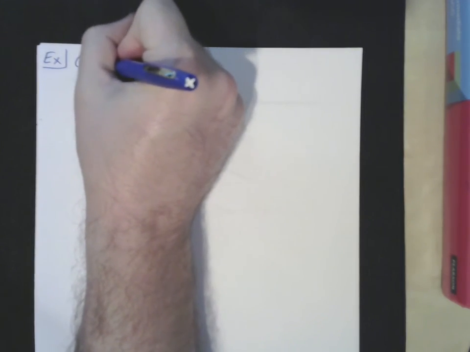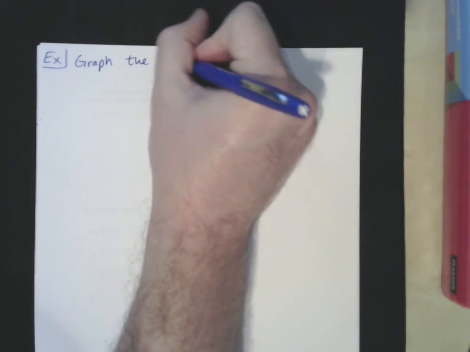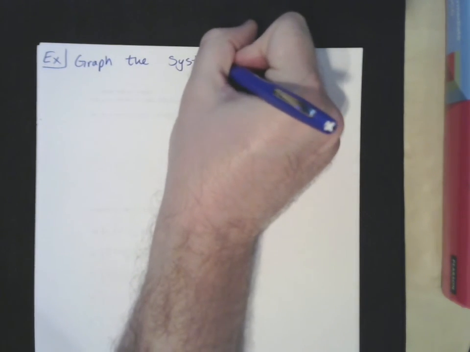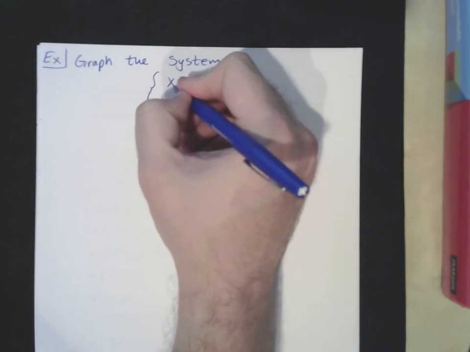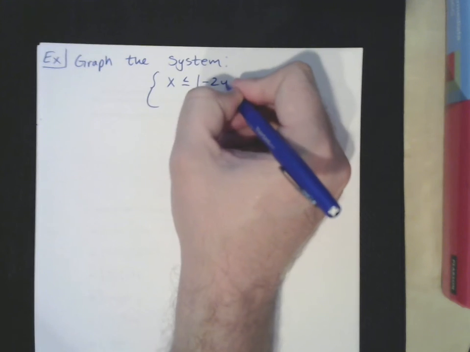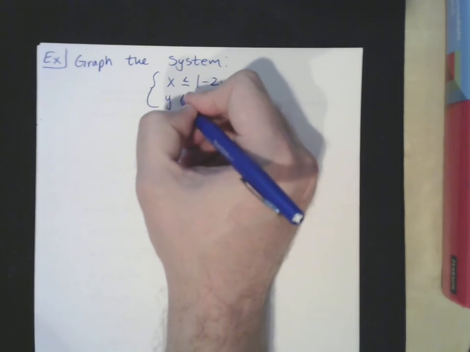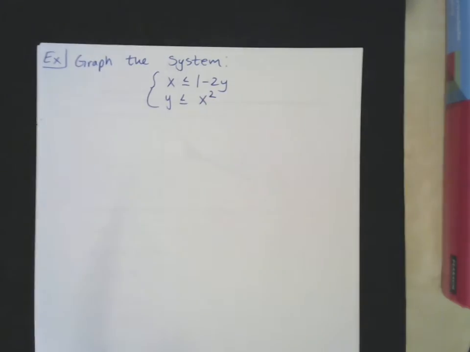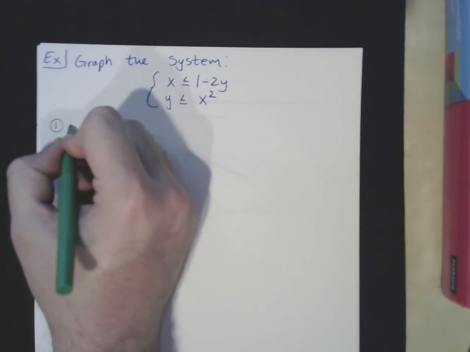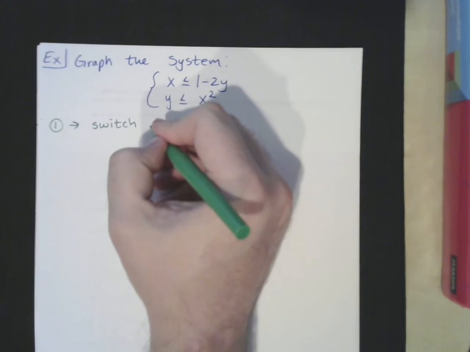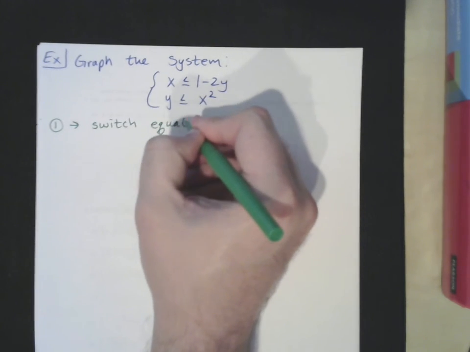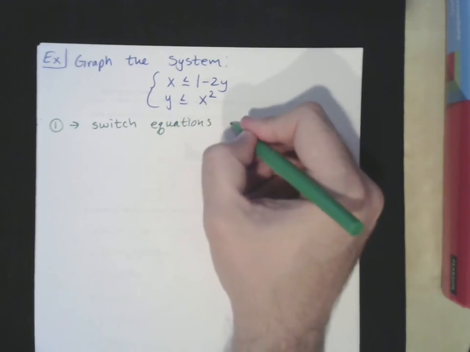So we're going to graph the system, and our system will be x less than or equal to 1 minus 2y, and y less than or equal to x squared. So the first step we want to do when we're graphing nonlinear systems is switch everything to standard form.